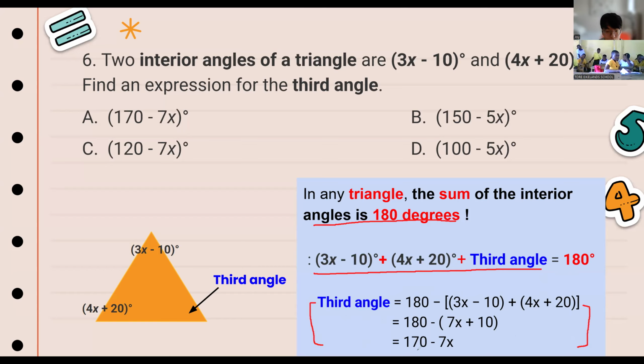And then this can simplify into 170 minus 7x. Can everyone see how to solve this type of question? So first, you need to know that the sum of the inner angles is 180 degrees.